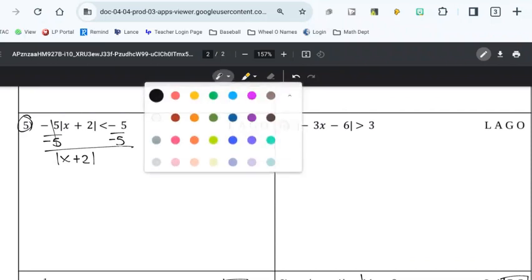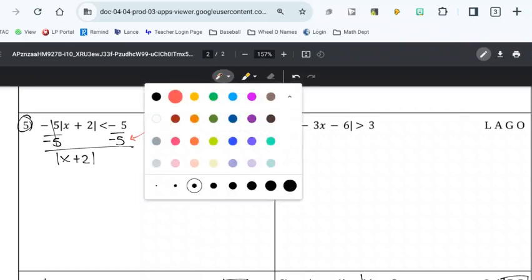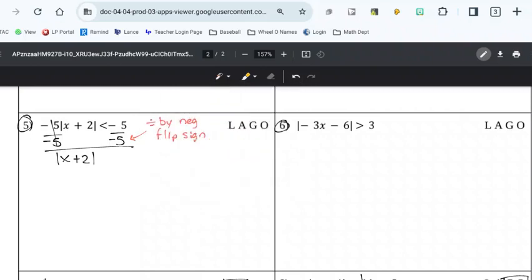And now we need to remember we are dividing by a negative, so we must flip the sign. So that sign becomes a greater than, and then negative 5 divided by negative 5 is positive 1.